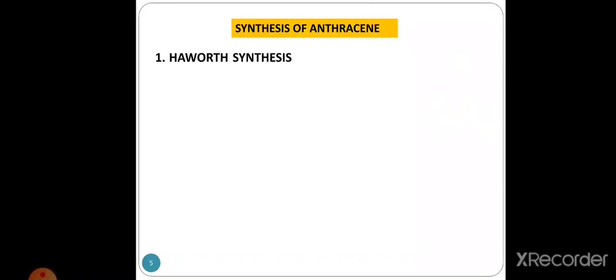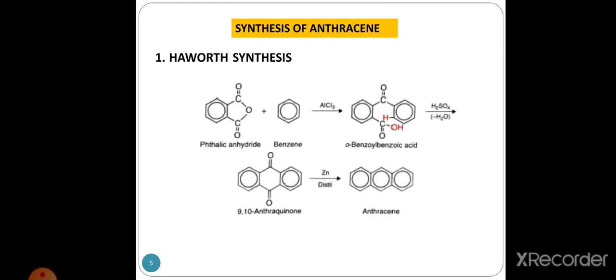Coming to the synthesis of anthracene. The first synthesis is Haworth synthesis. This involves the treatment of benzene with phthalic anhydride in the presence of aluminium chloride to form orthobenzoyl benzoic acid.